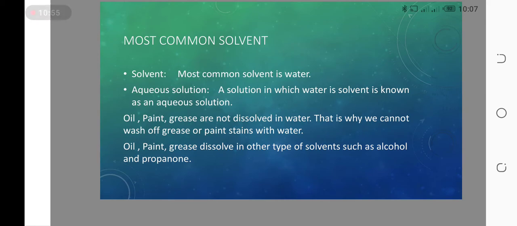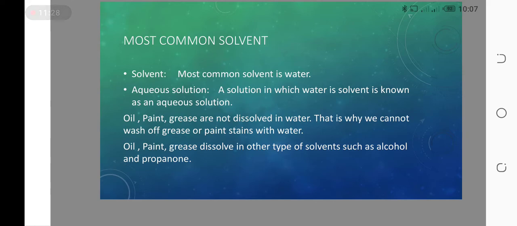But there are many types of substances such as grease, paint, and some types of inks that cannot be dissolved in water. Such solutions are non-aqueous solutions because they are not dissolving in water. Aqua means water; an aqueous solution is one in which water is the solvent.